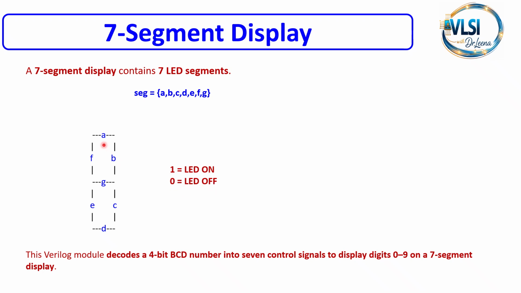So if you look here, A, B, C, D, E, F, G are the 7 segment display. And here the Verilog module decodes the 4-bit BCD number into 7 control signals to display 0 to 9 values on the 7 segment display.